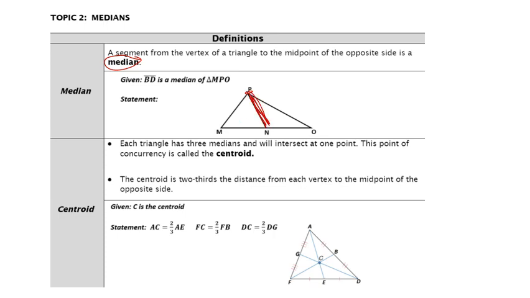So it's still related to the opposite side, it's just going to the midpoint, which means that it makes 2 segments that are congruent. So PN can even be considered a segment bisector. MN is going to be congruent to NO.